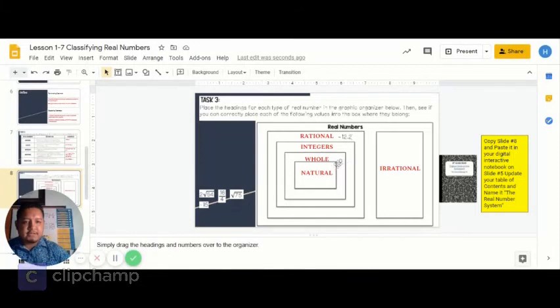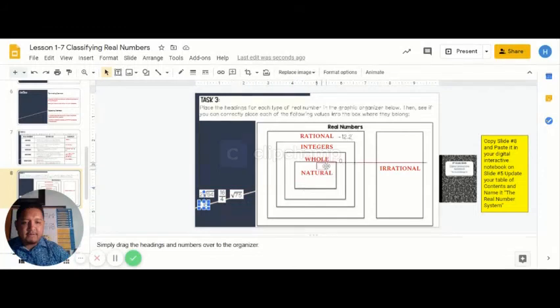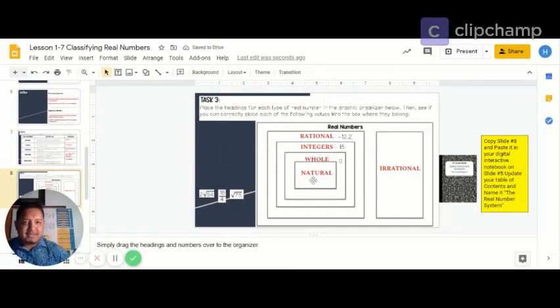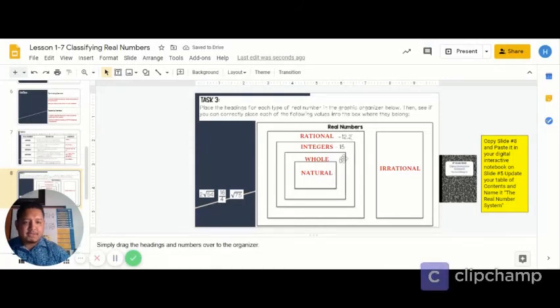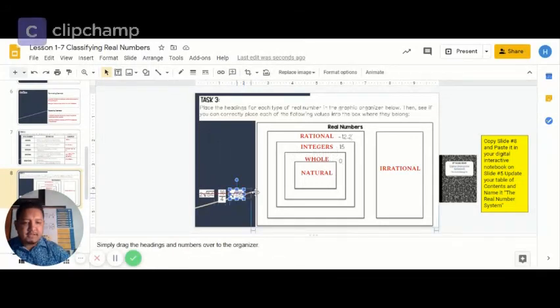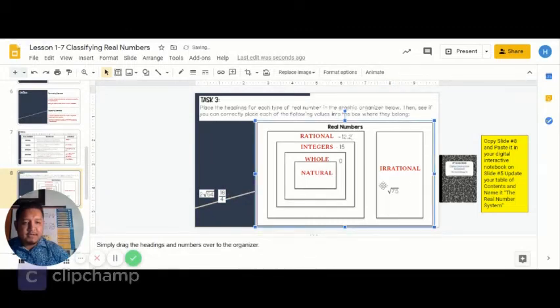That's the first place where we saw 0 in our definitions. Next, we have negative 15. Negative 15 is an integer because it is a negative whole number. It has no decimals, but it is negative. Now, the square root of 75 is going to be a non-perfect square. So non-perfect squares are going to be irrational right over here.